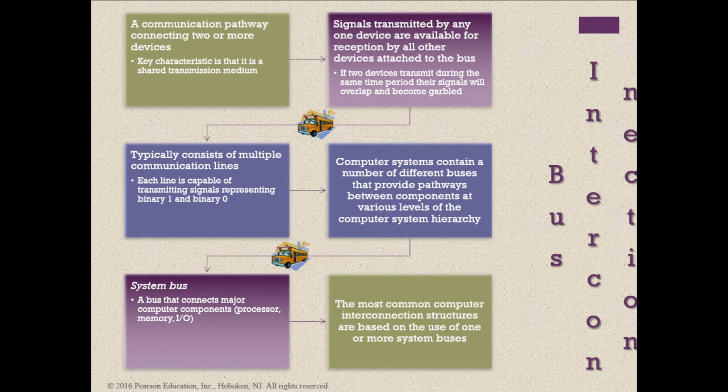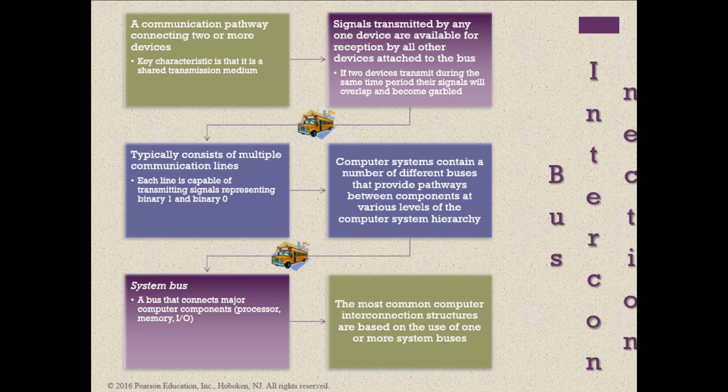So it is in parallel. Computer systems contain a number of different buses that provide pathways between components at various levels of the computer system hierarchy. A bus that connects major computer components such as the processor, memory, and I/O is called a system bus. The most common computer interconnection structures are based on the use of one or more system buses.